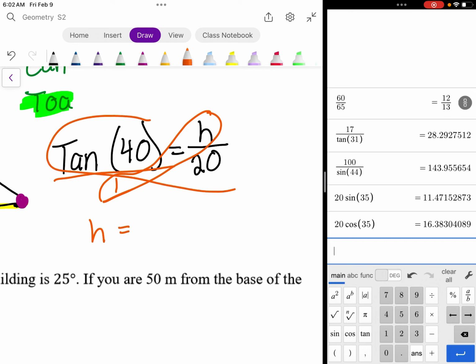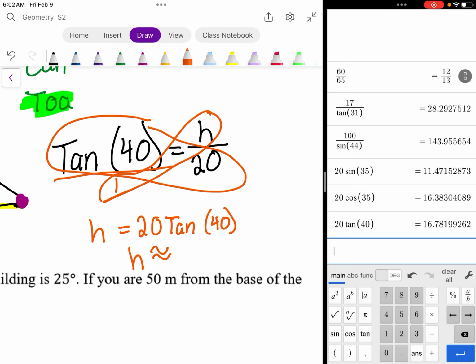And this time, H would end up being by itself, and we would get 20 times the tangent of 40. Then you can use your calculator to type it in, and don't forget to round to 4 decimal points. And this one would be 16.78.